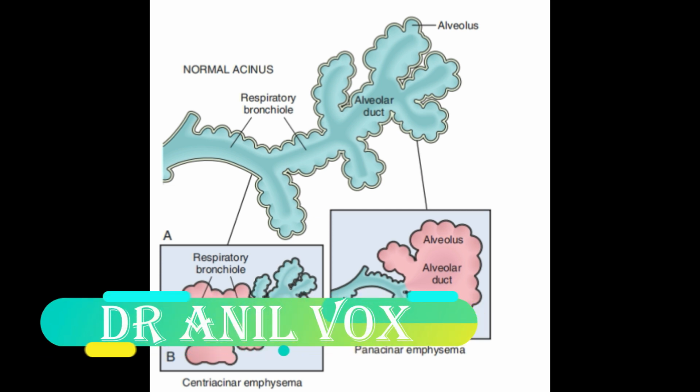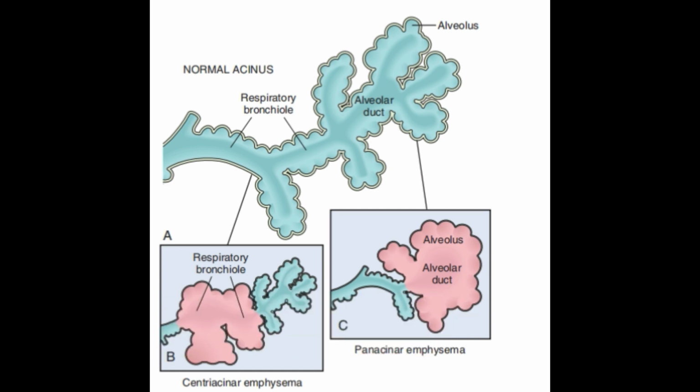Now the restrictive defects occur in two general conditions. First is chest wall disorders in the presence of normal lungs, for example severe obesity, diseases of the pleura, and neuromuscular disorders such as Guillain-Barré syndrome, which we will see in chapter 22, which affects the respiratory muscles.